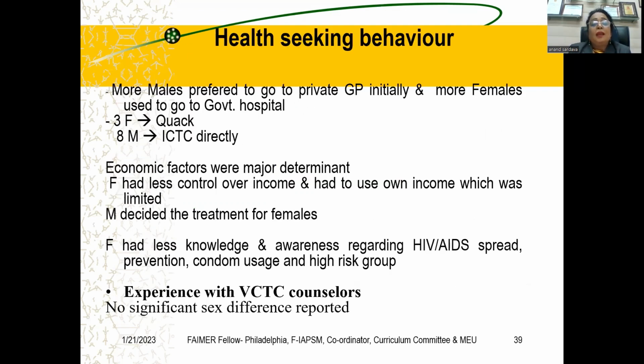So in health-seeking behavior, we found that more males preferred to go to private initially, and more females went to government hospital. So indirectly, we can say that more money was spent on their healthcare, because women were sent to the government setups.